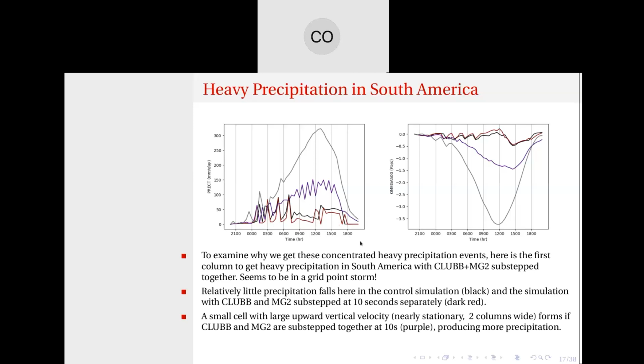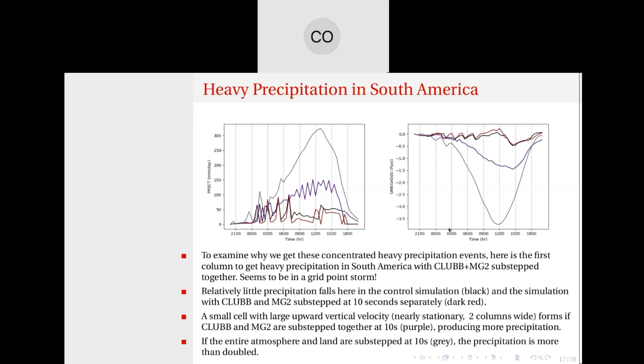If you substep CLUBB and MG2 together at a 10-second time step, that produces the purple here, which is a much larger precipitation rate, and you also see this very large increase in 500 millibar vertical velocity. And if you substep everything, including particularly the dynamics, together with all of the physics parameterizations at 10 seconds, this precipitation rate more than doubles, and you see this huge negative vertical velocity in this grid cell.